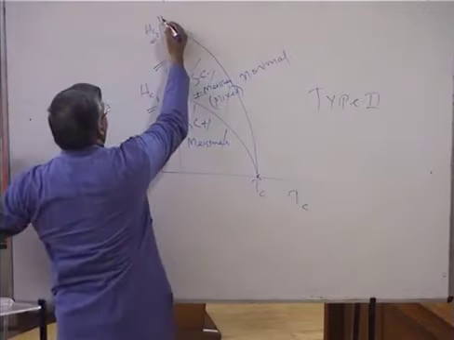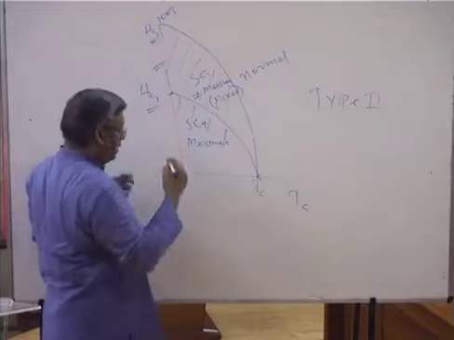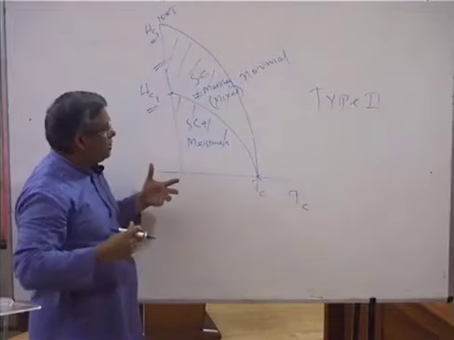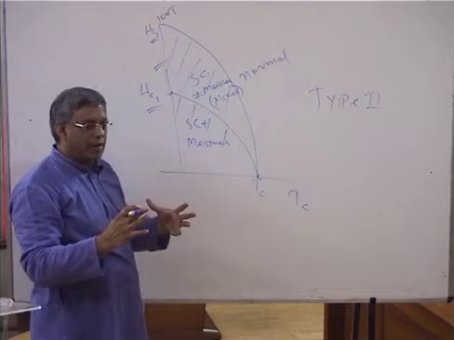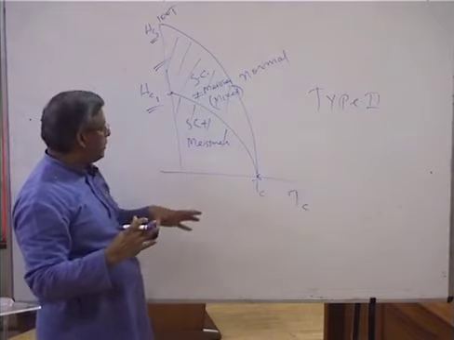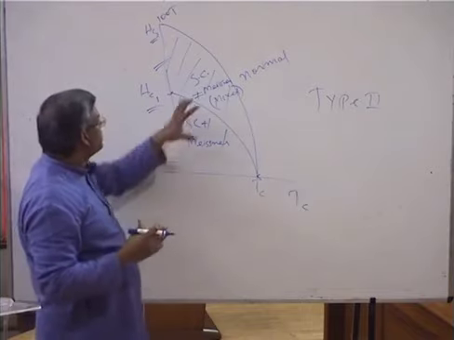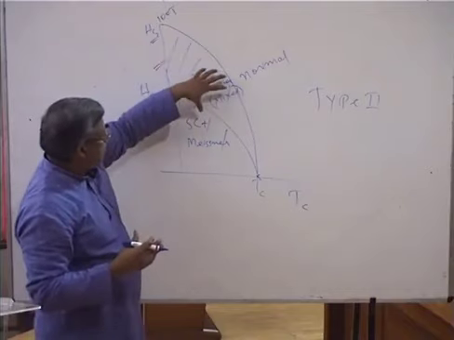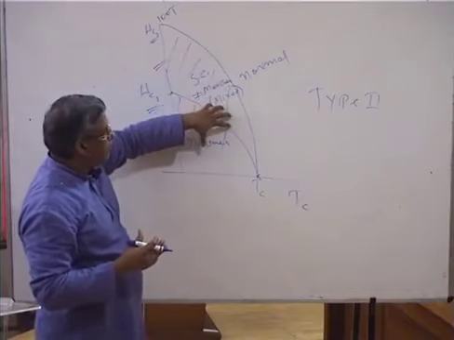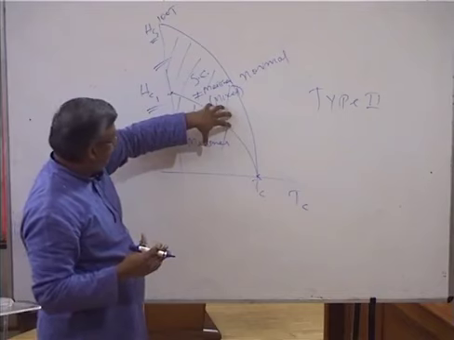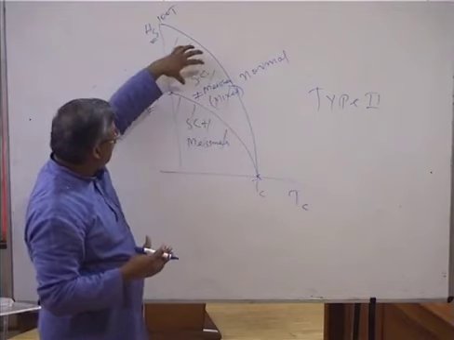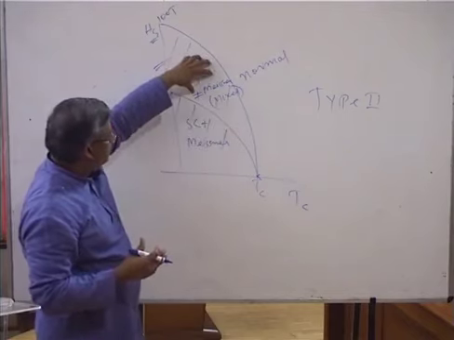Say, for example, it's 100 Tesla, let's take a value like this. So you can imagine a large amount of superconducting current can be passed through this conductor without losing its superconductivity. Of course, the Meissner effect will be compromised. The material will no longer have perfect diamagnetism, but it will still have superconductivity.